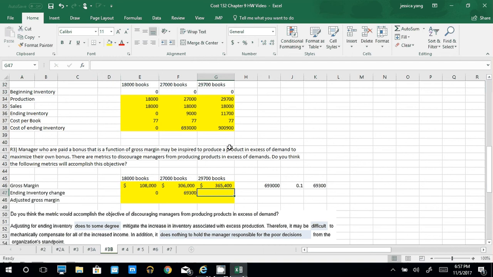And to get the 29,700 books for any inventory changes, I took from my requirement number 2, which is 900,900, times it by 10%, because 10% was what was given to me.